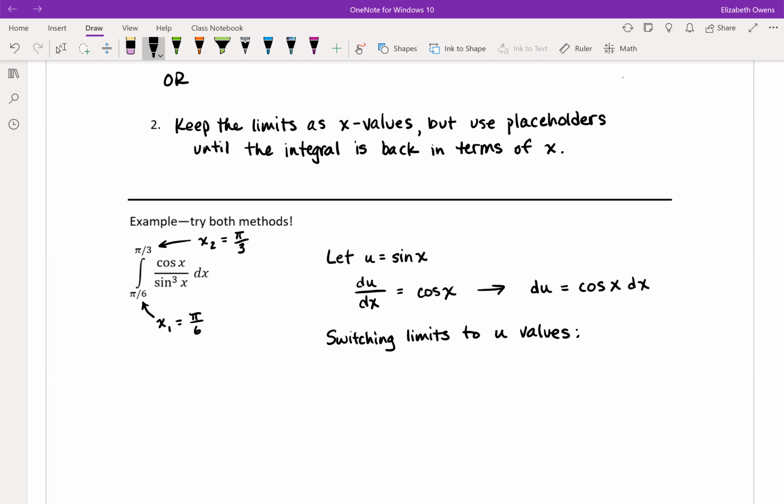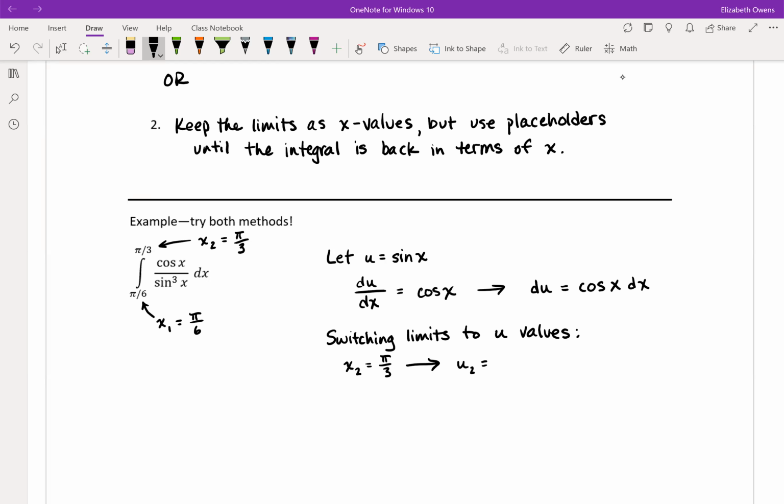This is an important step. I'm going to start with the upper limit of integration, x2 equals pi over 3. We're going to make an upper limit of integration in terms of this new variable u. We'll call that u2.